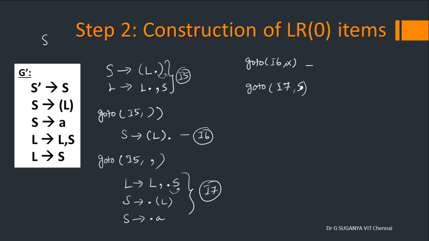It is S. So we will start with S because dot is followed by S. So it will be like L gives L, comma, S dot. Again this is new, you can give I8.